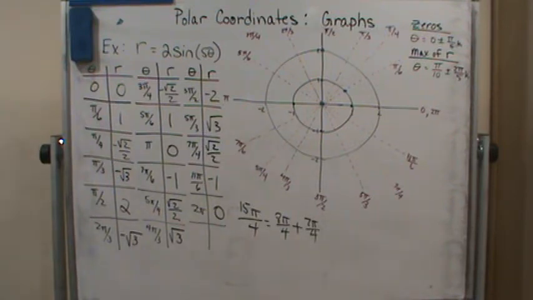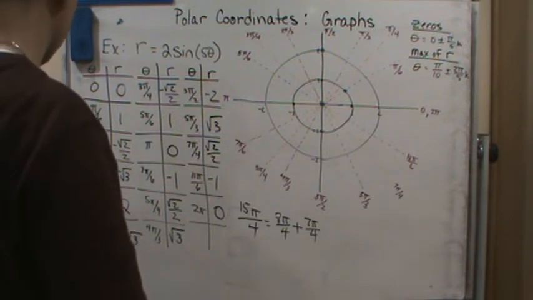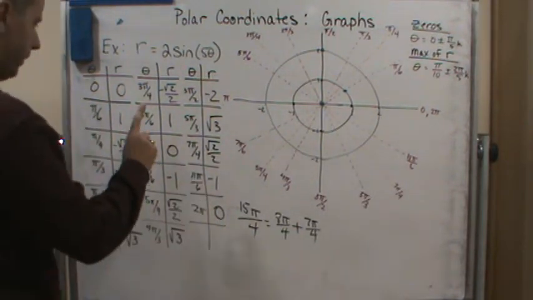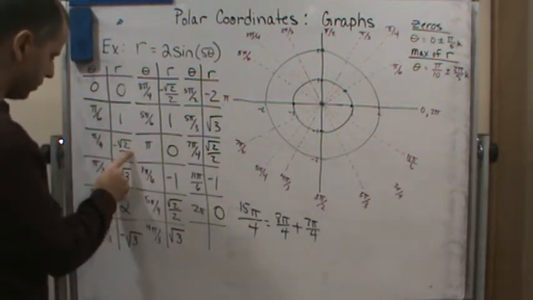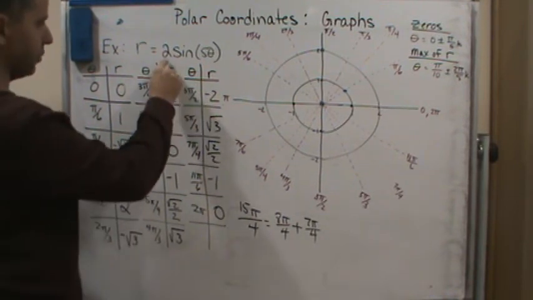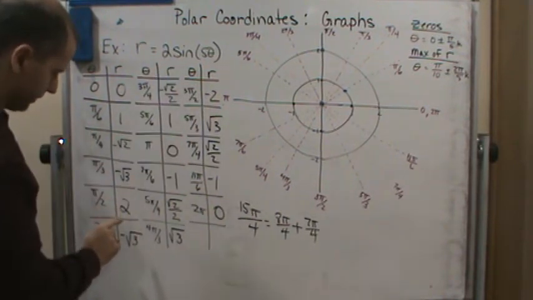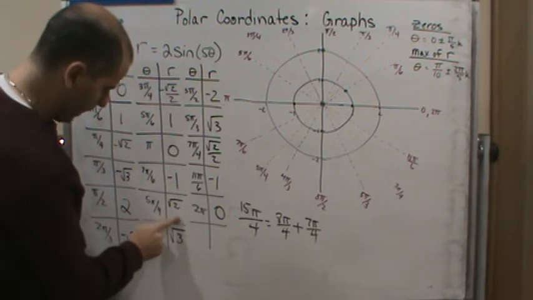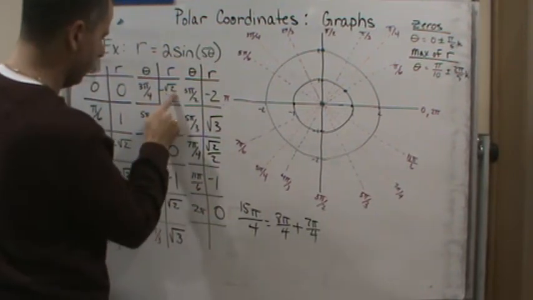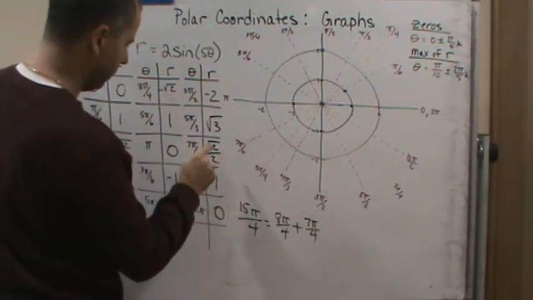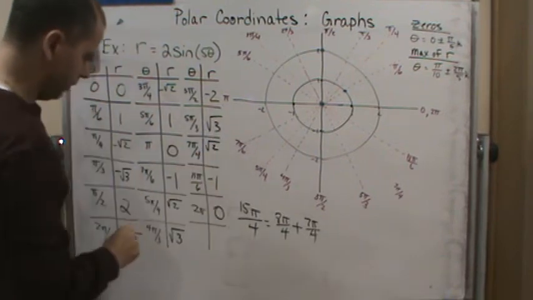Oh, hold on a second. Okay, so this is just square root of 2. Yeah, I forgot, the 2 cancels with this one, so I got a little ahead of myself. So these 2's are not here.